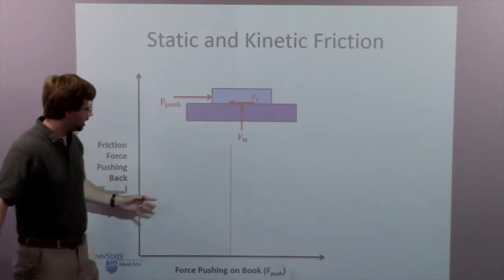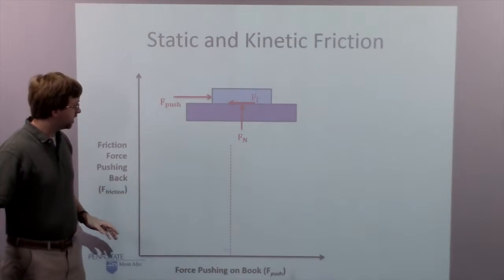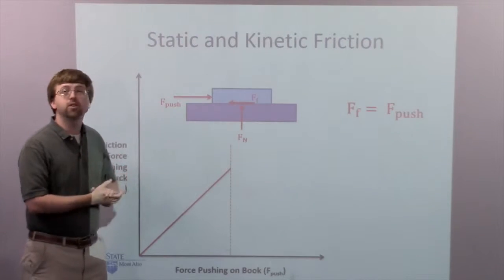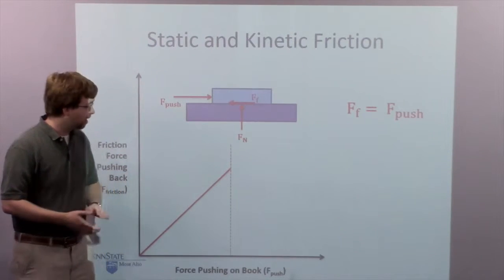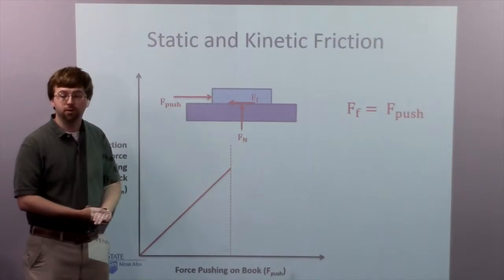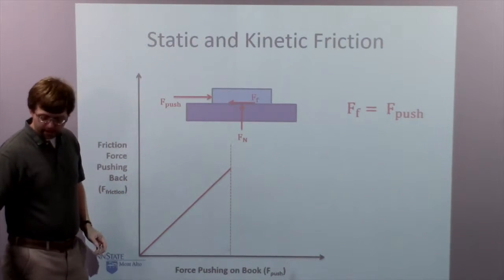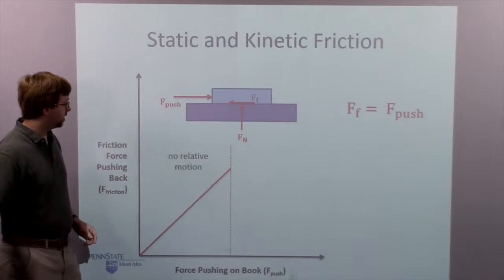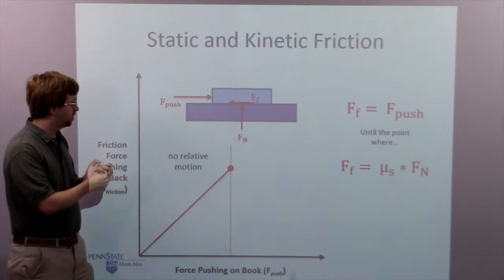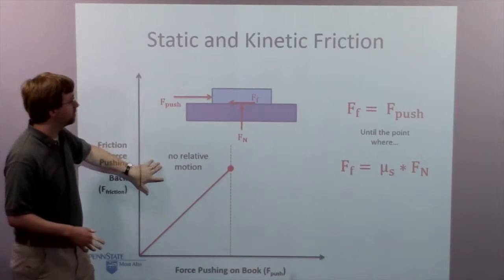All right, so here is our graph. Section 1: the friction force and the pushing force are equal and opposite. So this is like our perfectly rough surface, so no sliding is going to occur. That is going to be the relationship between the two until I get to my point of impending motion. Over here I've got no relative motion.